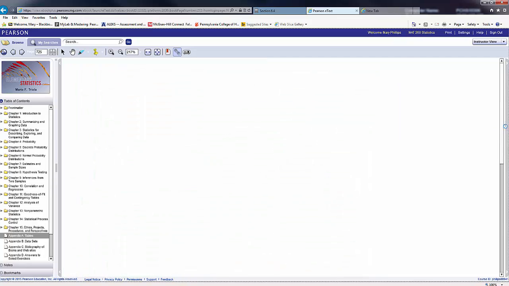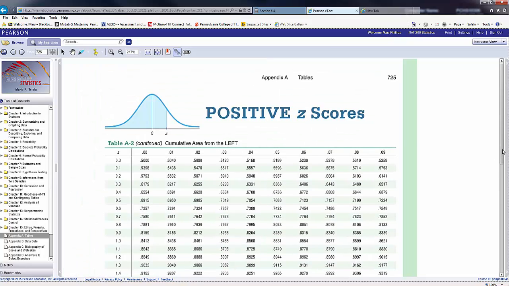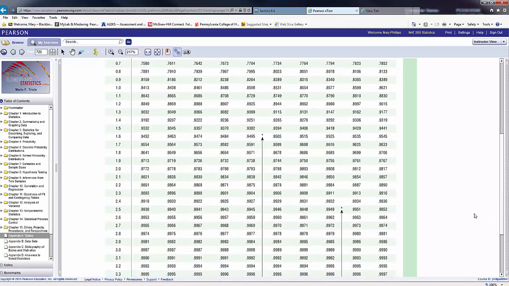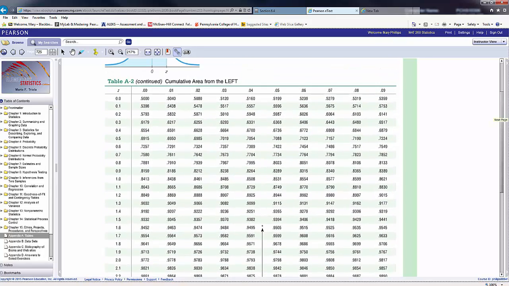So again, I'm going to flip pages here, and I'm looking for an area of 0.975, exactly right there. 1.9, and we would expect it is 6 again, so going up through there. Yes, it is.